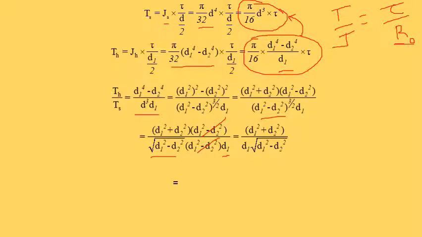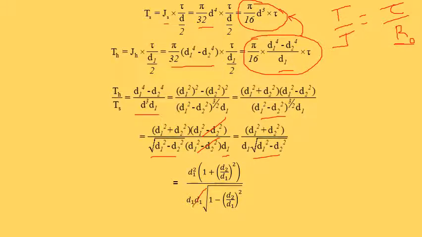So from this equation, if we take d1² as common, we get 1 plus (d2 by d1) whole square. In the denominator also, if we take d1 as common, it becomes d1 into the square root of 1 minus (d2 divided by d1) whole square.